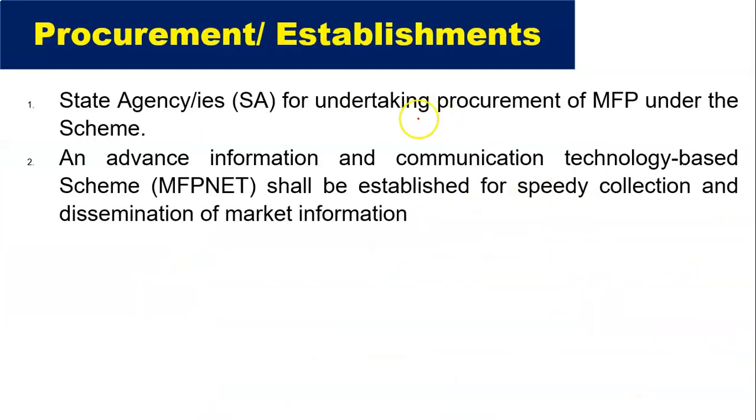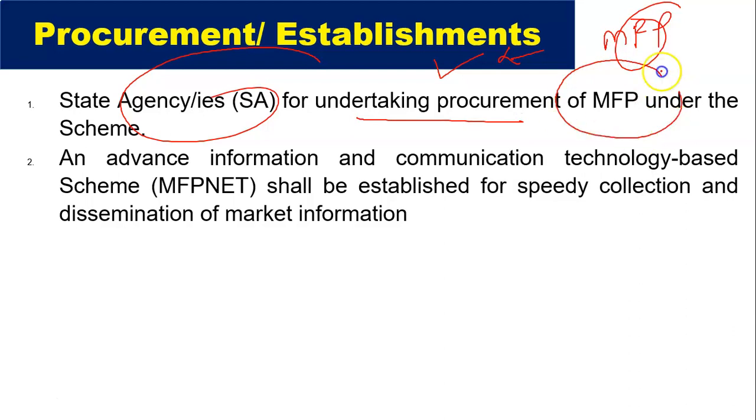Now, how do they procure and establish this minor forest produce? So there are some state agencies which will undertake procurement of MFP under the scheme, and they are using technology for this scheme.